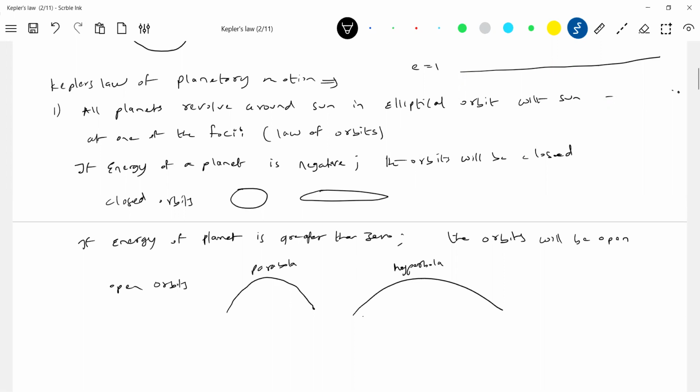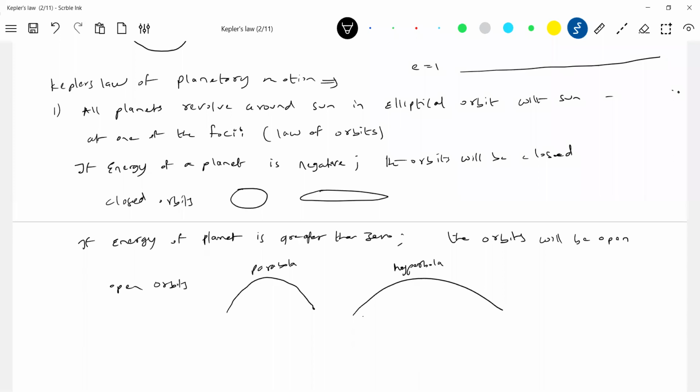So what we have to check, when you calculate the energy of a planet, or the energy of any body revolving about some other thing, is whether it is positive or negative. If it is less than 0, it's a closed orbit. It can be a circle or ellipse, and the eccentricity, the value of e, will determine the shape of the ellipse. Already we have seen that for different values of e.